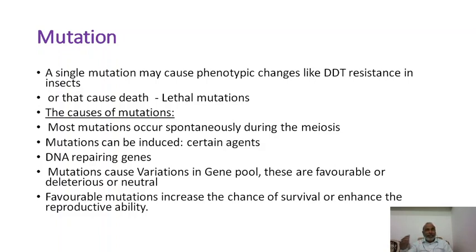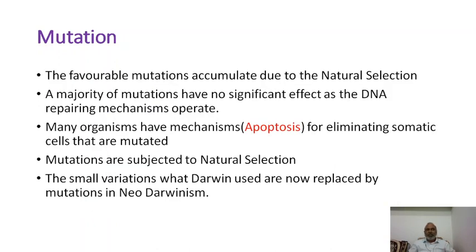Favorable mutations will increase the chance of survival and enhance the reproductive ability. When a favorable mutation occurs, it increases the chance of survival, and as a result, the reproductive potential of that organism is also increased. Favorable mutations are selected and preserved by nature so that they can accumulate because of natural selection.